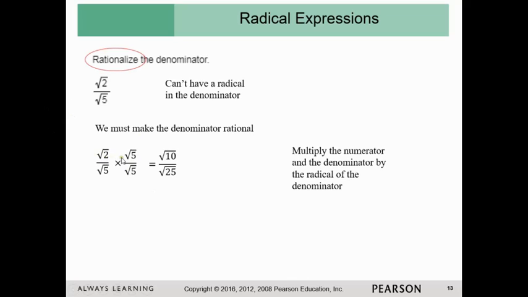So we multiply what is underneath the radical. 2 times 5 gets us 10. Square root of 5 times square root of 5 is square root of 25, which simplifies down to 5. So we get square root of 10 over 5. And 10 can't be broken down any further because it doesn't have any perfect square factors.